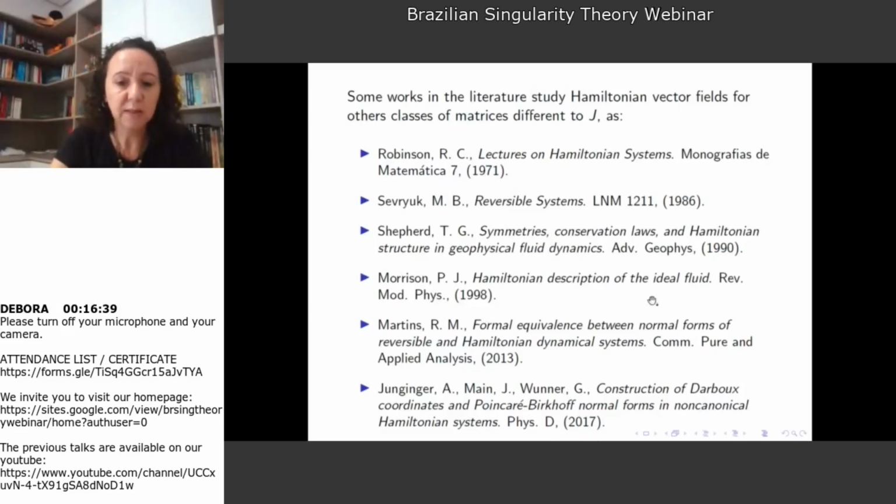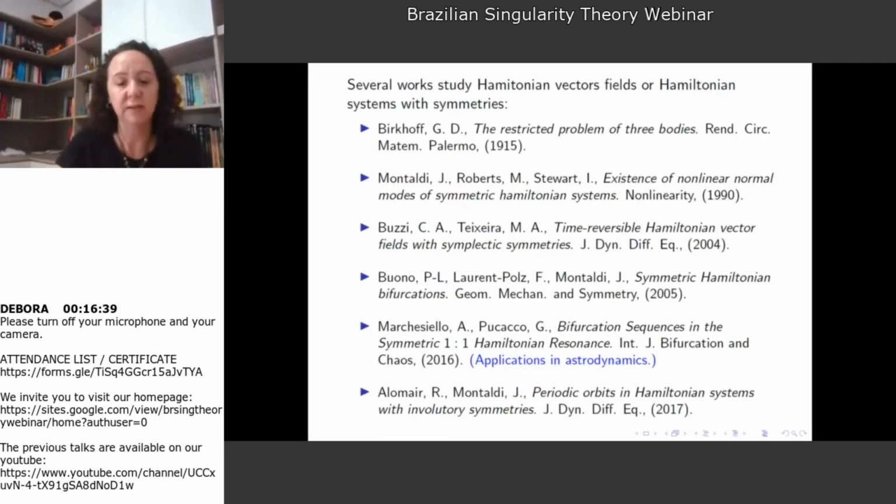Some of these works consider applications in physics, for example Schiffer's, this last work, and another has a more mathematical approach with respect to dynamical systems, etc. But there are several works in the literature that study Hamiltonian vector fields for other classes different to J. So it means that it was interesting to study this class.